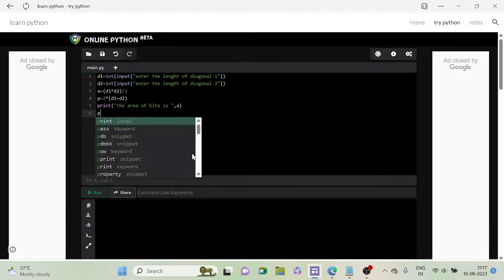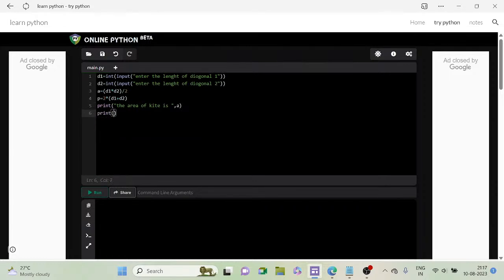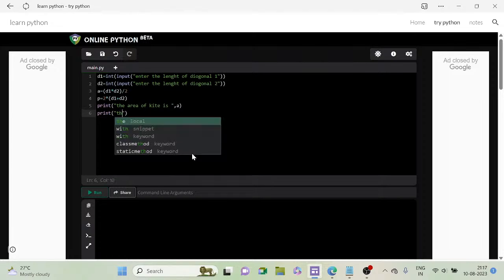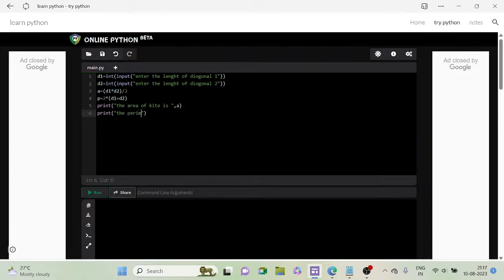Then in the next line, print bracket, inverted commas, the perimeter of kite is, and a comma p.